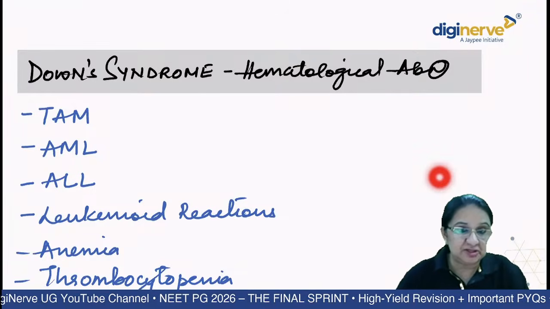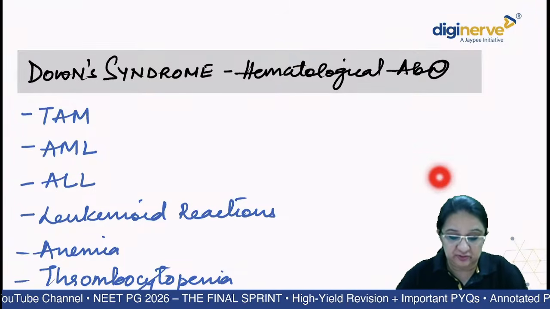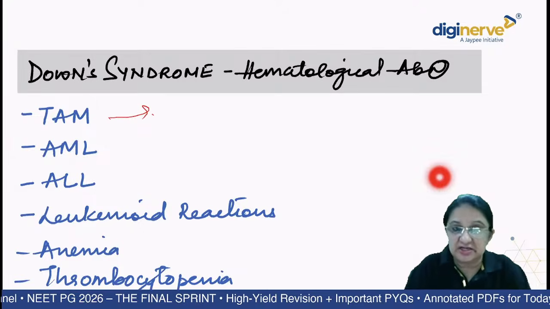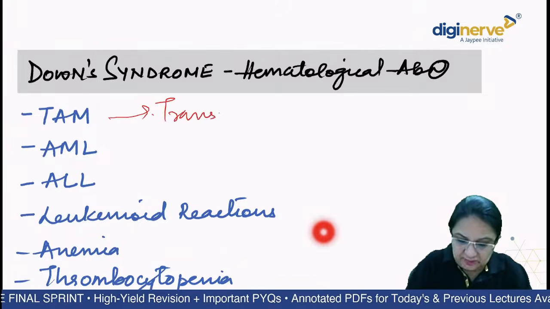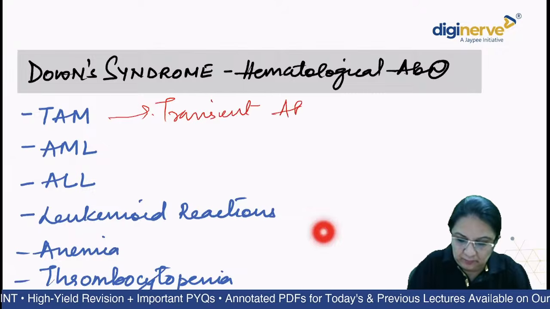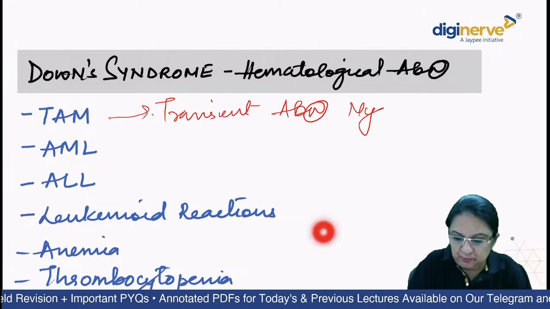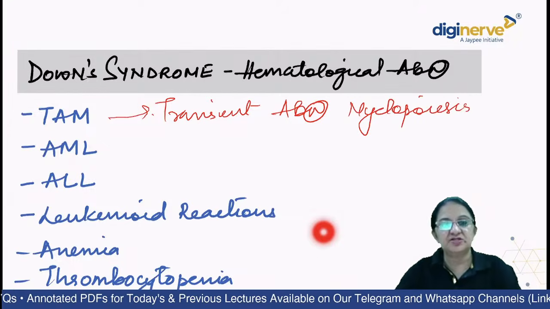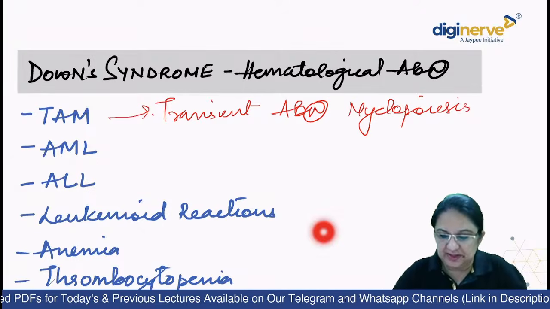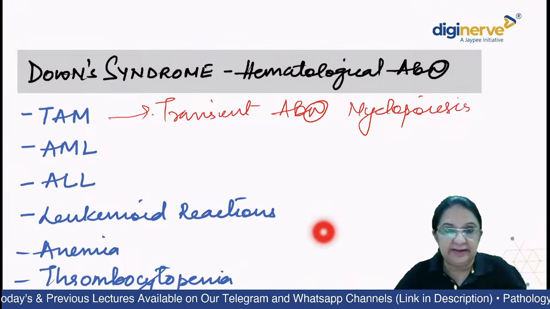The hematological abnormalities that you see in Down syndrome: first of all, transient abnormal myelopoiesis. This usually resolves when the patient grows, but this can also predispose to AML later in life.